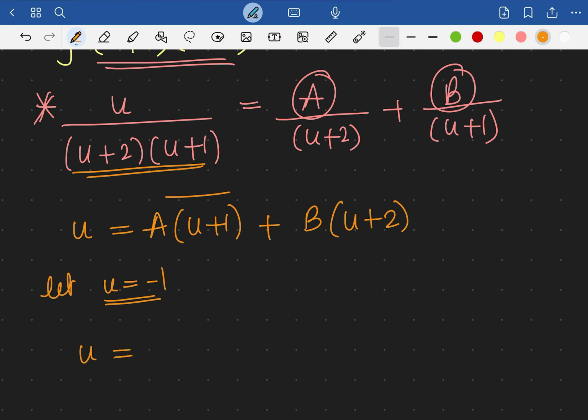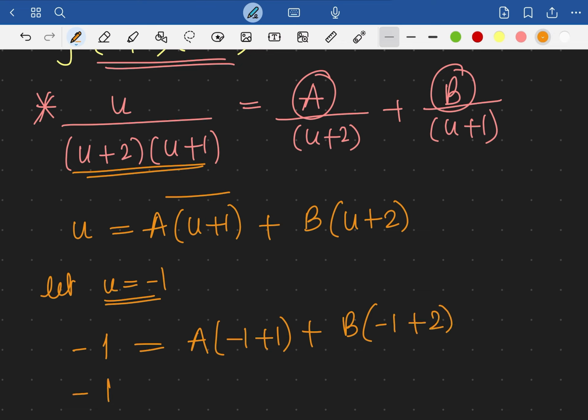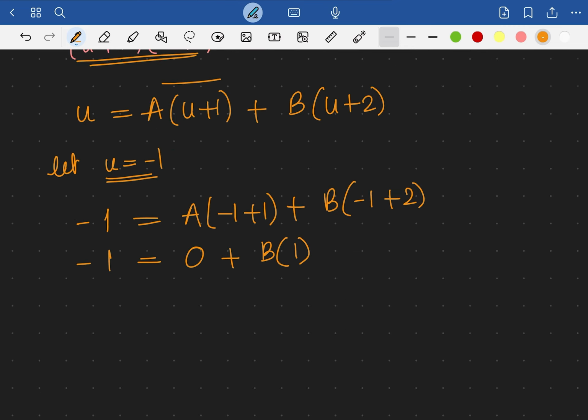So minus 1 is equal to a times minus 1 plus 1 plus b times minus 1 plus 2. So minus 1 is equal to 0 plus b times just 1. Hence the value of b will be minus 1.